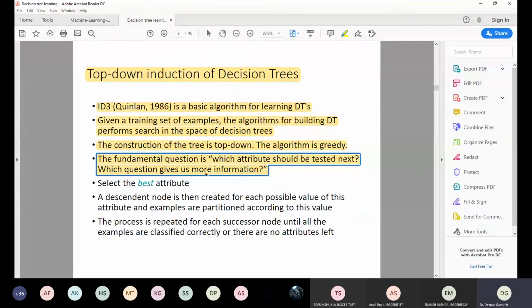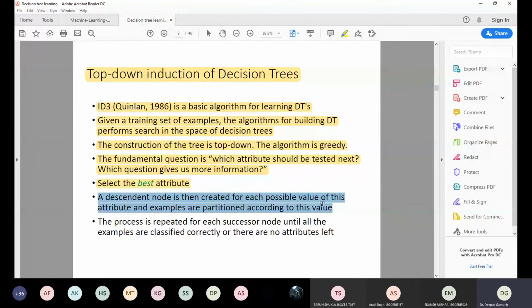So how is the decision tree made? First we select the best attribute, then a descendant node is created for each possible value of this attribute, and examples are partitioned according to this value. Say in the case of play tennis, we have chosen the best attribute outlook.